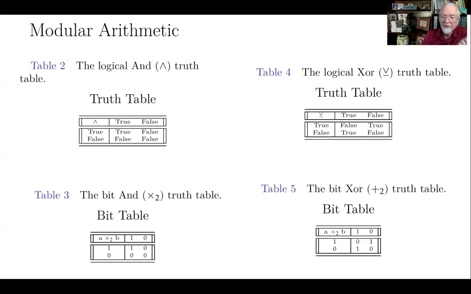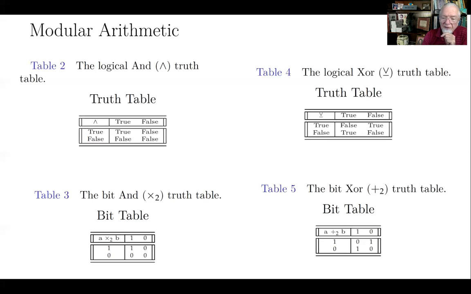There's another type of truth table, which is the logical XOR. True XOR true is false. True XOR false is true. False XOR true is true. And false XOR false is false.